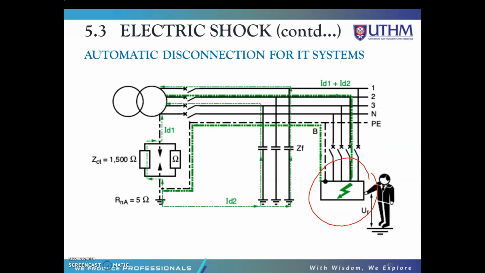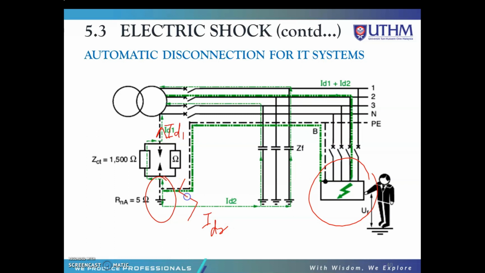During a phase to earth fault, the current passing through the electrode resistance RNA here is the vector sum of the capacitive currents in the two healthy phases. As we can see, we have ID1 and then here we have ID2.